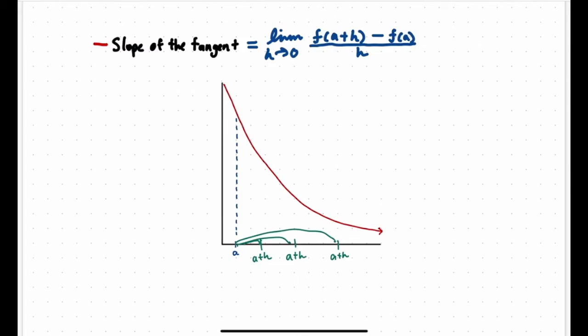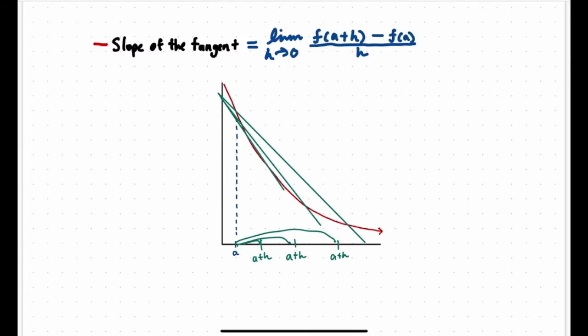The slope of the line between f at a plus h, the one that was originally like this, and now at the newer point it's like this, and then at the newer point it's like this.